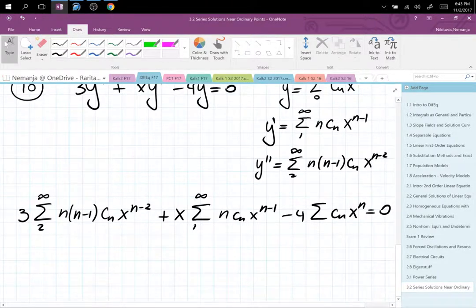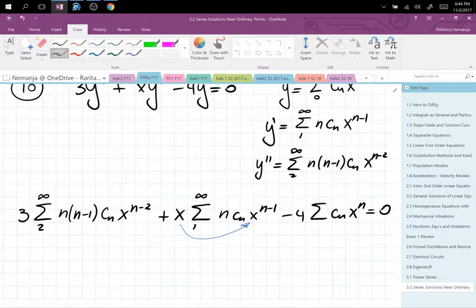I'm happy when it fits in one row. Now, the first step is to bring x in. And you see that x to the n minus 1 becomes x to the n. So that's aligned, which means you can't shift the counter, because if you shift the counter, you're going to mess that one up.